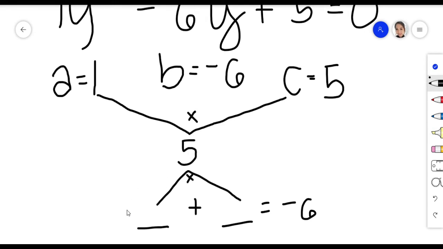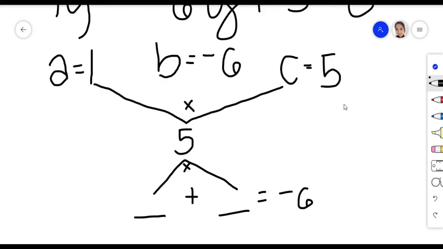Again, find two numbers which, if we multiply them, will result to positive 5. But if we add them, the result will be negative 6. So basically, the two numbers that we want to find are negative 5 and negative 1. Why?